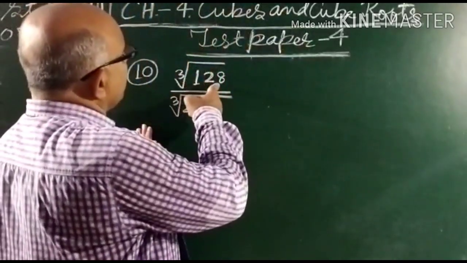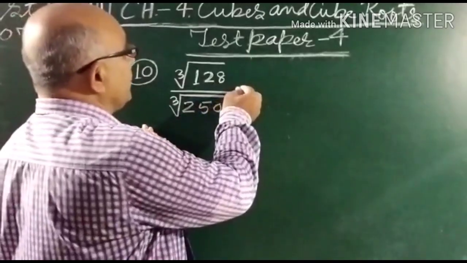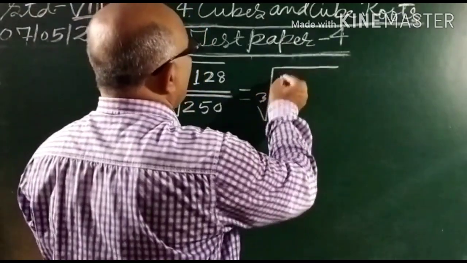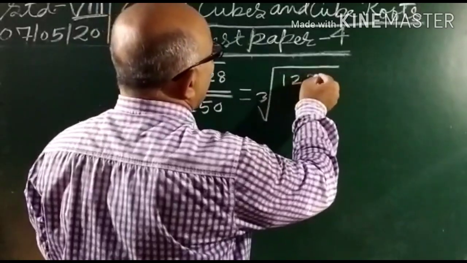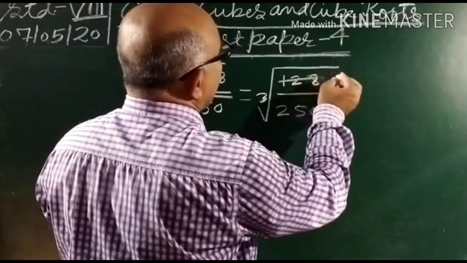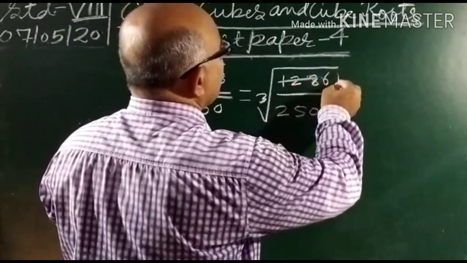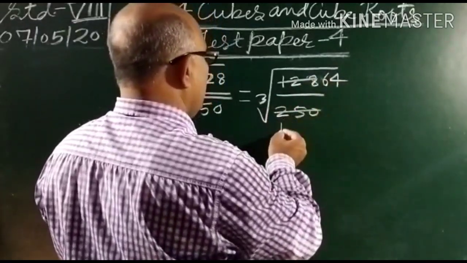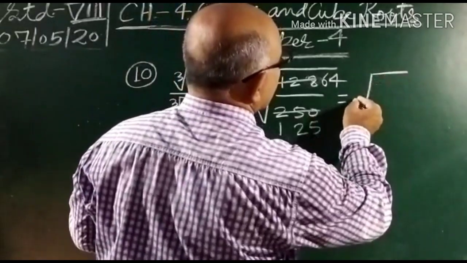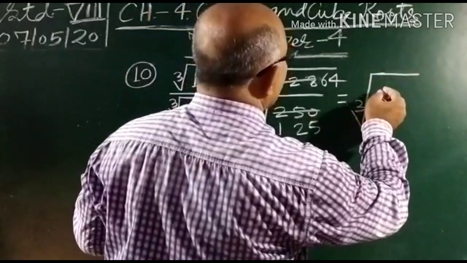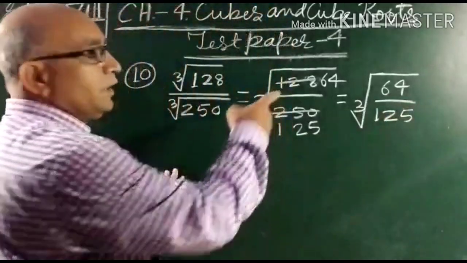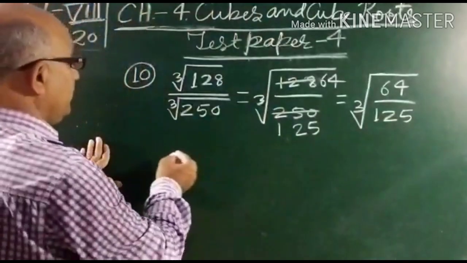So cube root of 128 by cube root of 250 equals, the same, cube root of 128 by 250 divided by 2 times: 2 6s are 12, 2 4s are 8, 2 2s are 4, and 2 5s are 10, equal to cube root of 64 by 125.